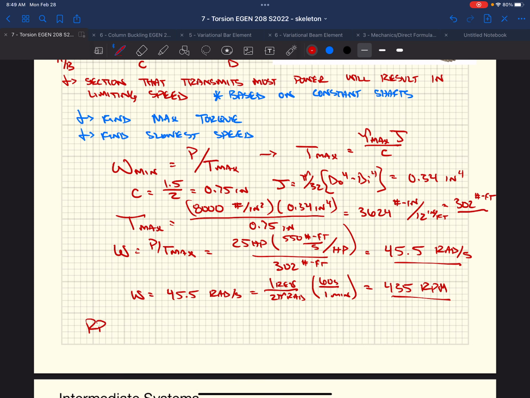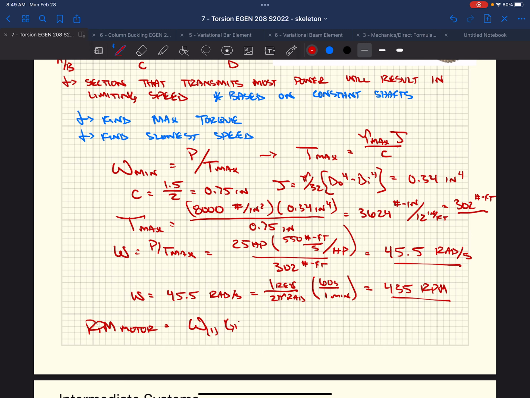Well, the RPM of the motor equals omega of the shaft times our gear ratio, which is 435 times 14, which is the larger gear, the gear of the shaft of 1, over 4, which is the shaft of the motor.